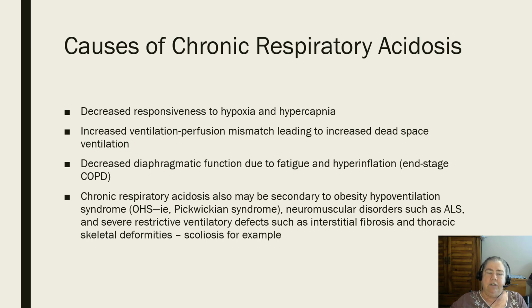And then restrictive respiratory disease like interstitial fibrosis, when we talked about the coal workers' pneumoconiosis, or severe scoliosis. If the thorax is unable to expand normally, we have restrictive disease.